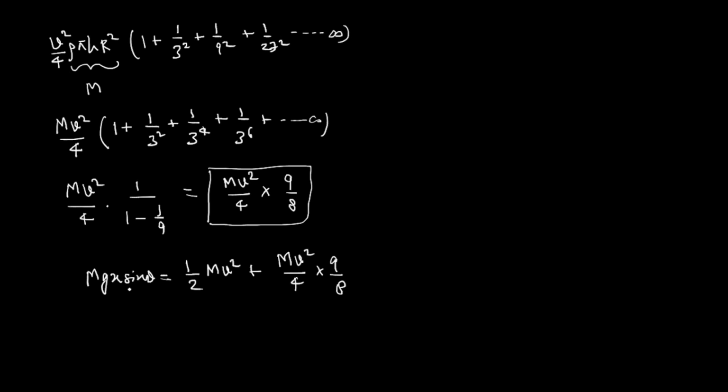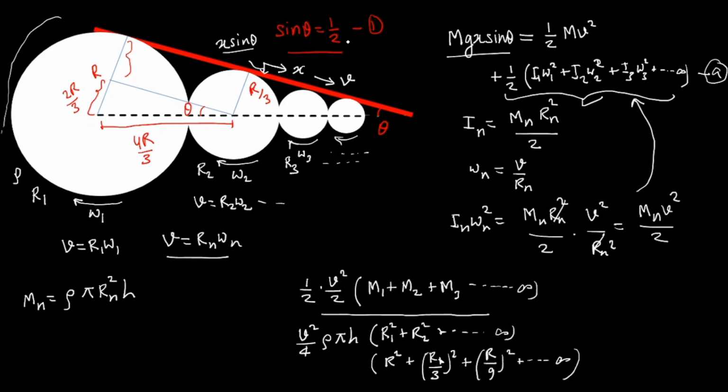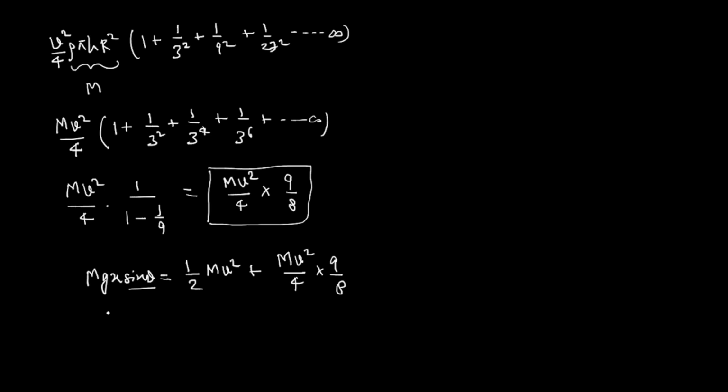And you use sin theta equal to half, because we have already got sin theta is equal to half. If you put it over there, then you very easily get Mg x by 2 is nothing but m V square times 25 upon 32, if you solve it.